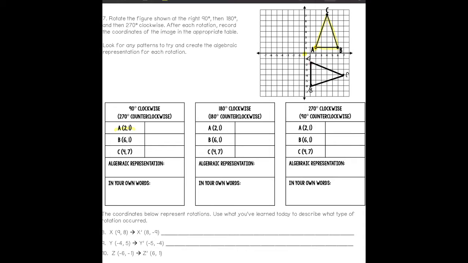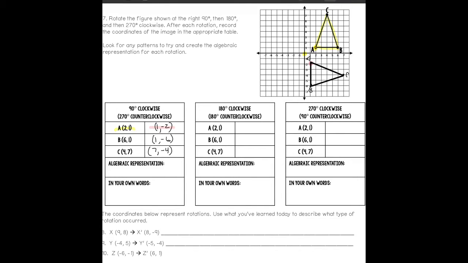Now I want to look at what point A is at in my new image. So if I'm going to write that, that is at (1, -2). Now I'm going to just do that for the next 2 points. Okay, so as you can see, I wrote down where the new B and C points are. So I want you to pause the video, look at these points, and tell me what do you notice.